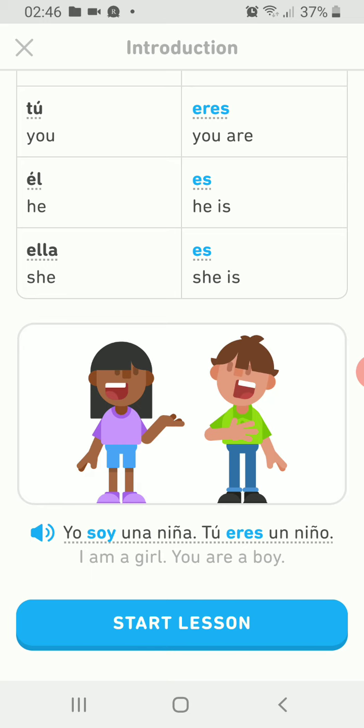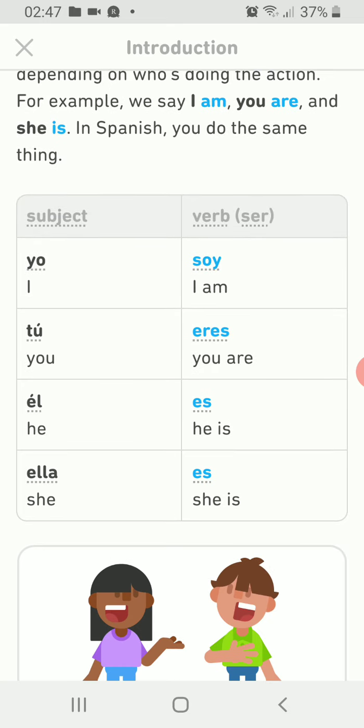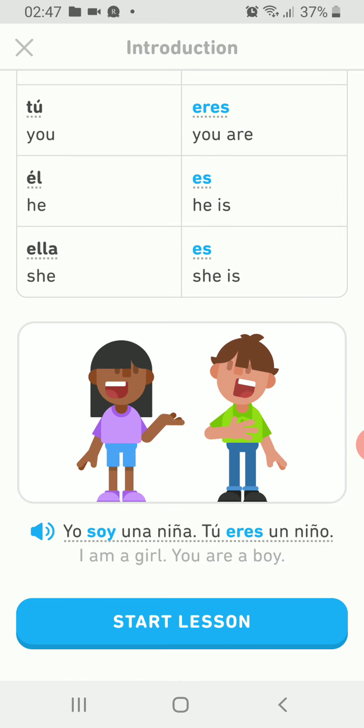And tú eres un niño, you are a boy. Once again, we are looking at the verb to be, ser. It's not estar, which is transitional, which is estoy, estás, está, and so on.